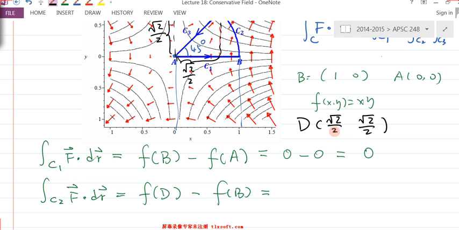So the coordinate of D is root 2 over 2, root 2 over 2. Now I need to plug this into the function f. This is f of D. What does that give us? This times this gives 1 half, minus 0, so 1 half.